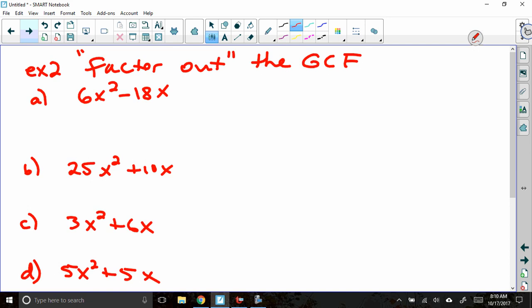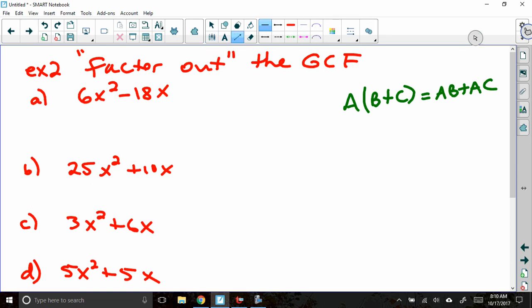So when I hear the word factor, one thing that I heard somebody say one time just blew my mind. They said undistribute. You know the distributive property, right? A times the group B plus C is equal to AB plus AC. Usually when we think of the distributive property, we think of multiplying, heading in this direction, right?